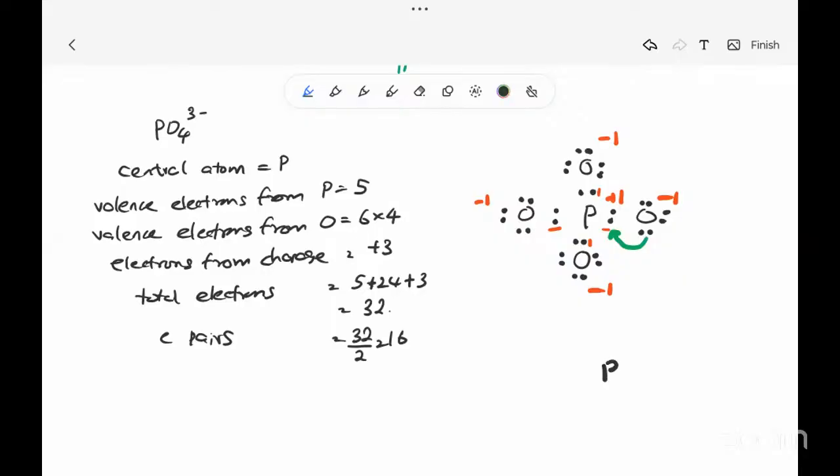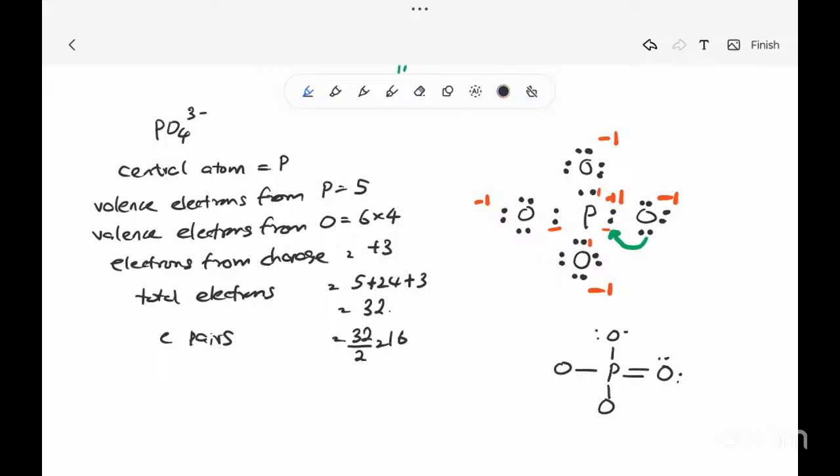Phosphorus, with oxygen, oxygen, oxygen, and oxygen. There will be a double bond between these two, the others single bonds, and here will be 2 lone pairs.